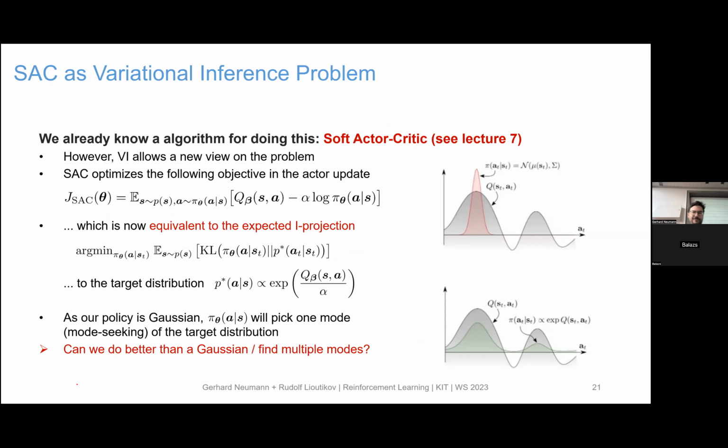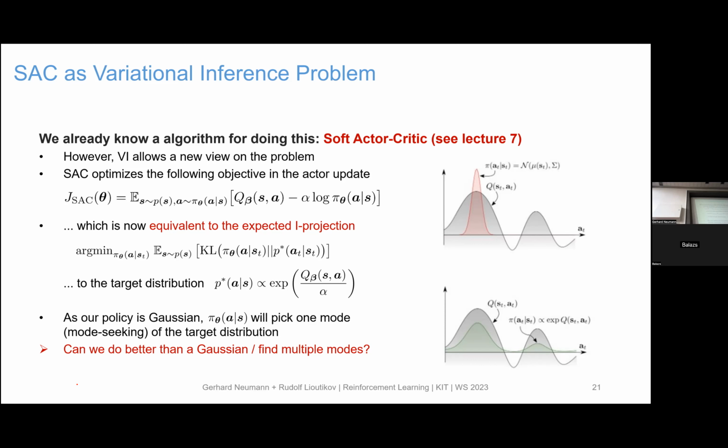Okay, but what does it mean? We said soft actor critic is solving a variational inference problem, and that's why soft actor critic works so well. If it wouldn't do that, it would just optimize the policy without the entropy. The policy would very easily collapse variance and wouldn't explore anymore, and you get stuck.